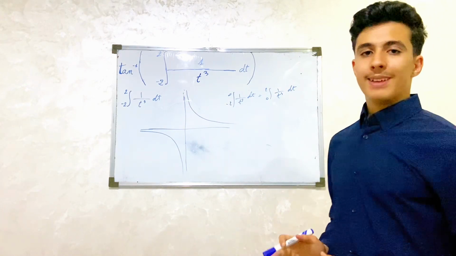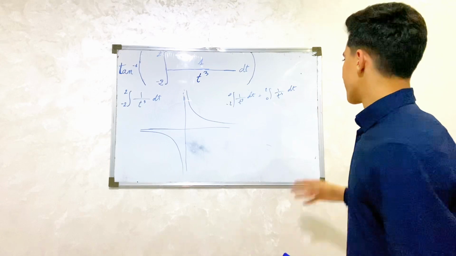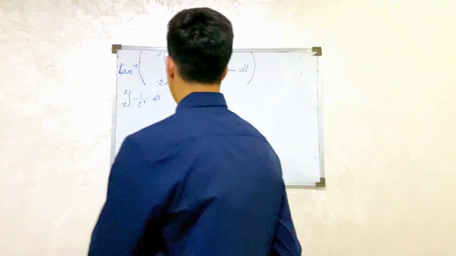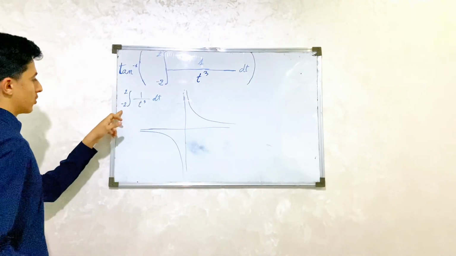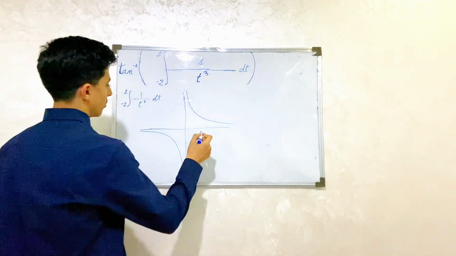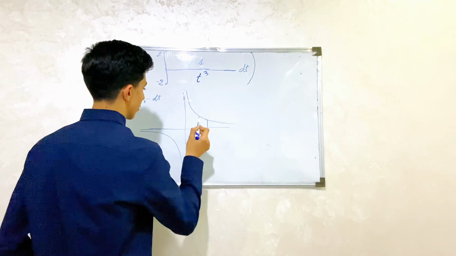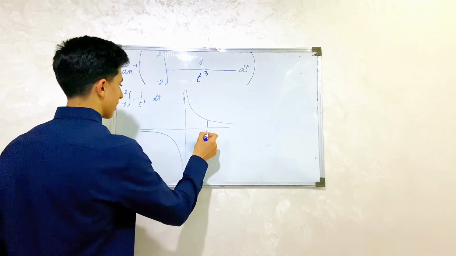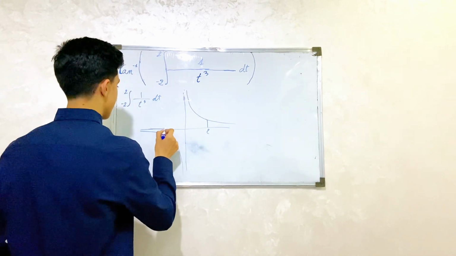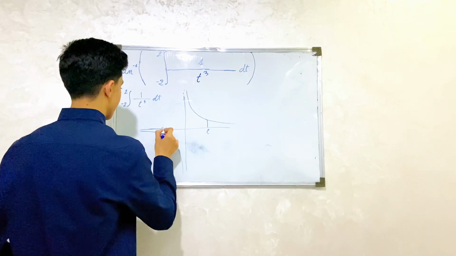Here we need to make some observations. First, let's erase this. So we are going to take the values of 2 and negative 2, which are somewhere like here. Okay, let's say that this is 2 and that this is negative 2.